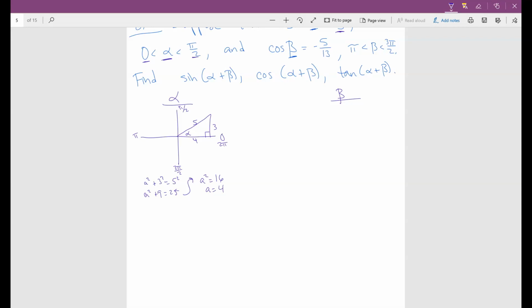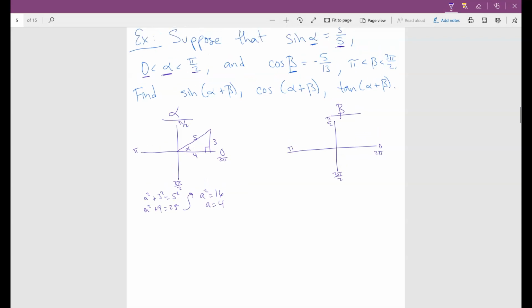And now we're going to try to figure out where beta is. So beta, if I do the same thing, 0, pi over 2, pi, 3 pi over 2, and then 2 pi, beta is going to be between pi and 3 pi over 2. So here's pi, here's 3 pi over 2, so it's going to be in quadrant 3.